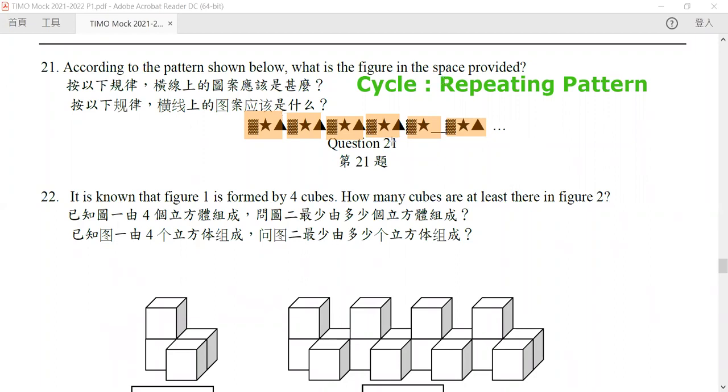So, according to the pattern shown below, you can see that we keep repeating the same pattern. It was always a rectangle first, and then a star, and then a triangle.